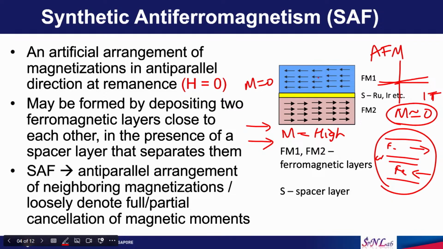Okay. So, in synthetic antiferromagnetism, we are creating some form of antiferromagnetism by taking 2 or more ferromagnetic layers and separating them by some spacer layer. So, because of this spacer layer, the neighboring layers are aligned in antiparallel direction.